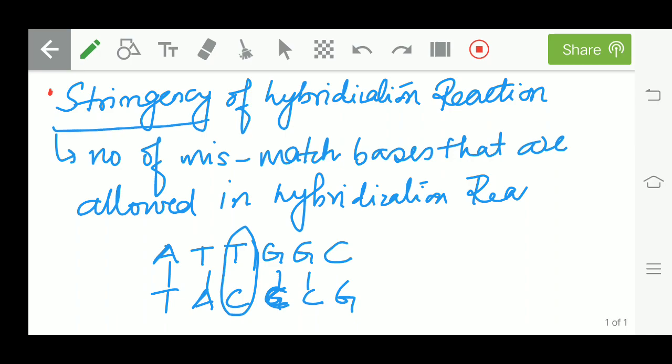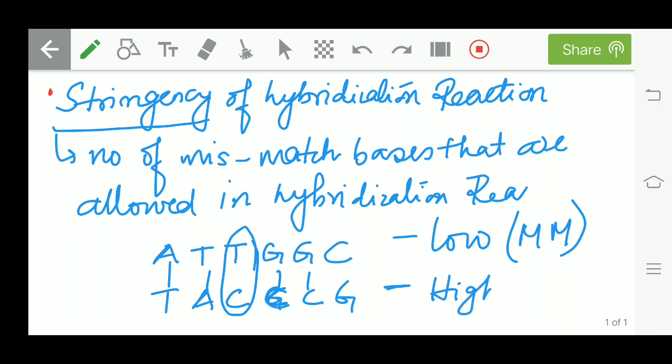That is your stringency. If the stringency is very high, there will be a very low level of mismatch, and if your stringency is low, then there will be a high level of mismatch, which is not at all desirable in your hybridization reaction.